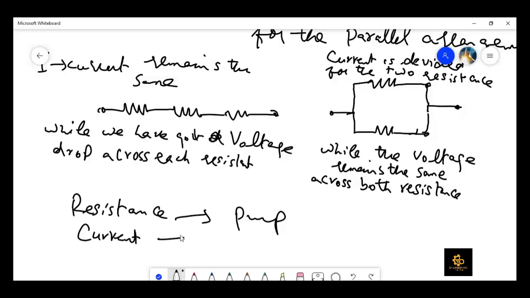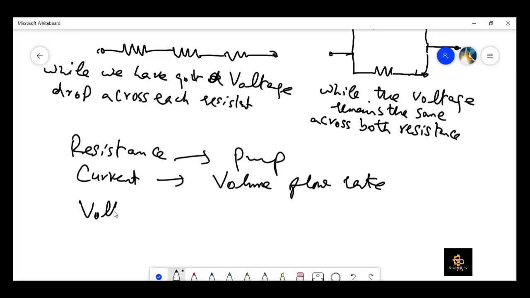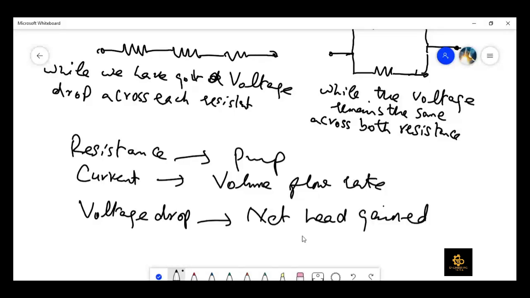Current would be analogous to volume flow rate, and then voltage drop would be equal to net head gain across a pump. Right. So these are the corresponding quantities in terms of fluid mechanics.